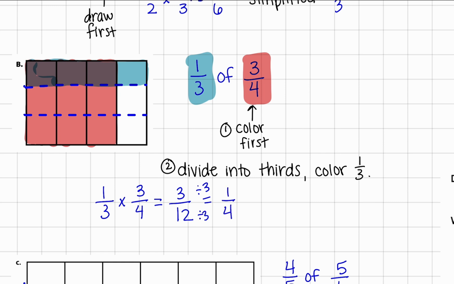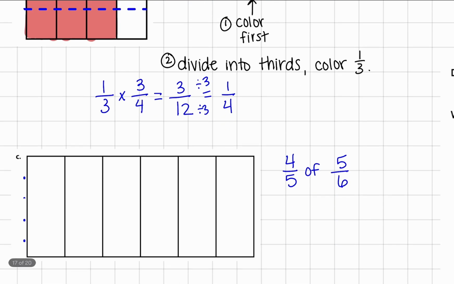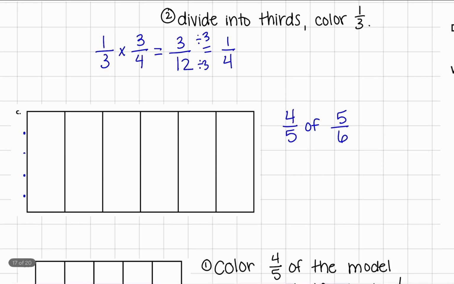So 1/3 of 3/4 equals 3/12, which is 1/4. Okay. And when we see of, we multiply. So 1/3 times 3/4 equals 3/12, which simplifies to 1/4. Let's try another one.